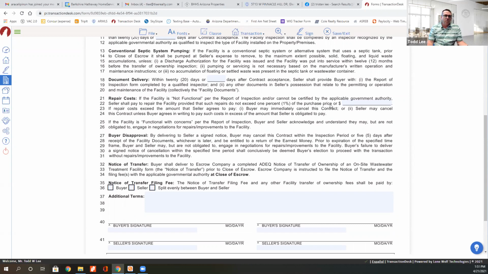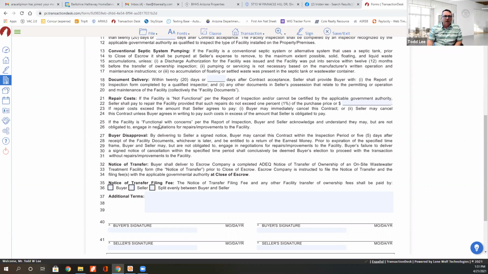So if it exceeds more than 1% of the purchase price or blank number of dollars, then the seller has the right to say, yeah, I'm not gonna pay that. But if that's the case, the buyer may immediately cancel the contract, or the seller can cancel the contract unless the buyer agrees that they're gonna pay to have it fixed and brought up to certification.